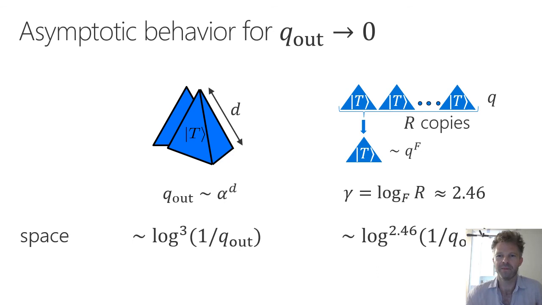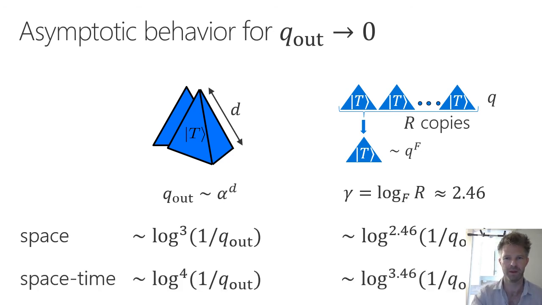I have replaced gamma by this number 2.46 here, which is the value of gamma for the 15-to-1 scheme that we analyze in this paper. So it's clear that in this asymptotic regime, code switching still does worse than distillation, just because this power is lower in the case of distillation. If you look at the space-time cost, these powers just have 1 added to them, so nothing surprising there.